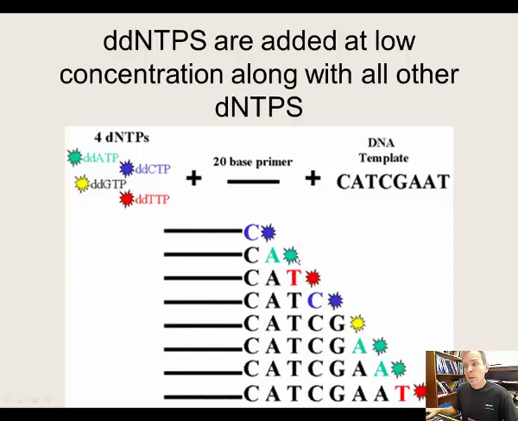So extension could keep going. In this case, though, this one incorporated an A, preventing further extension. However, in this third one down, the C was added as the normal base, the A was the normal base, and only the T was the modified base that entered the chain. Now, in this sense, on average, every base has been represented, and so a machine can come by and read the sequence of these bases.